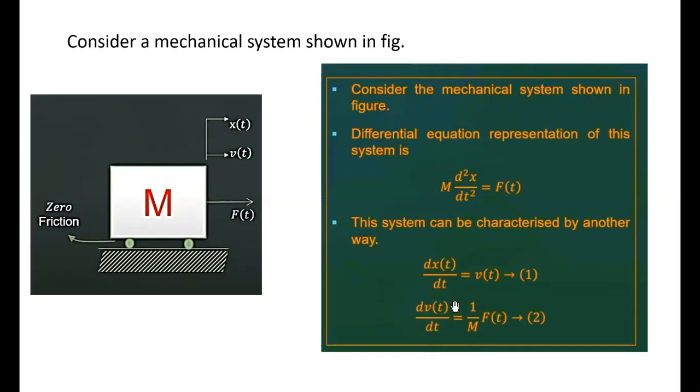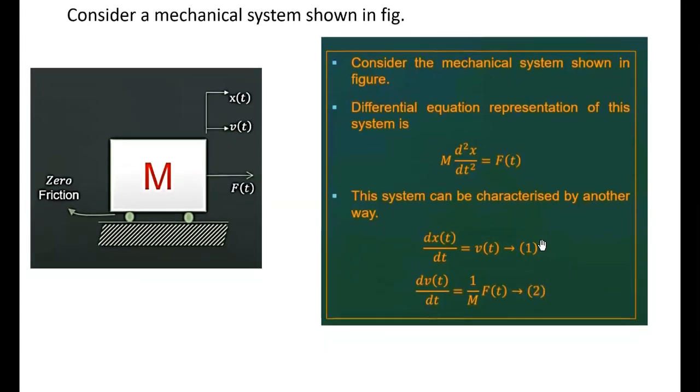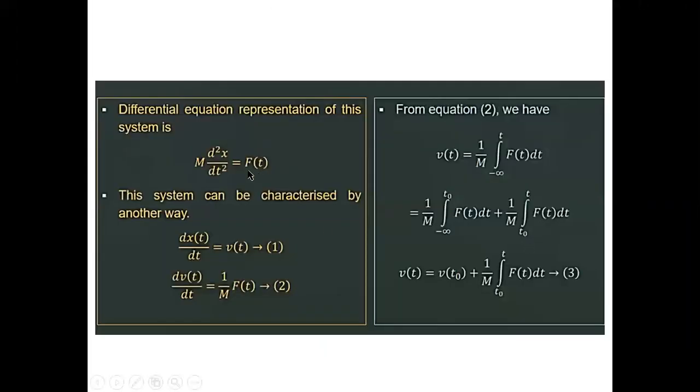Here we can simplify this to get two terms: the first order differentiation of displacement and the first order differentiation of velocity. So we got these two relationships, f by m and v. We'll name them equation 1 and equation 2.